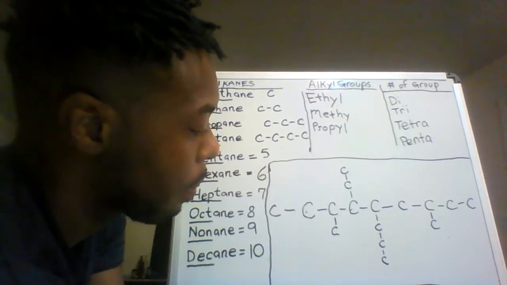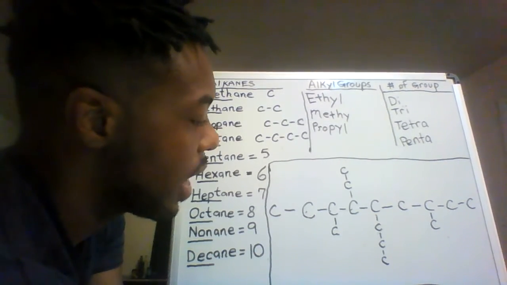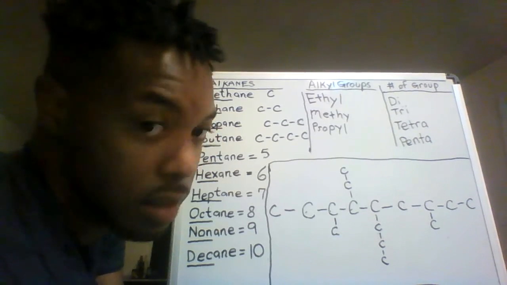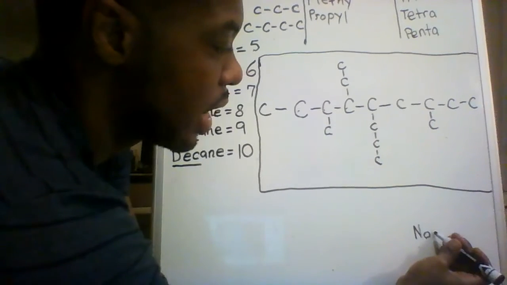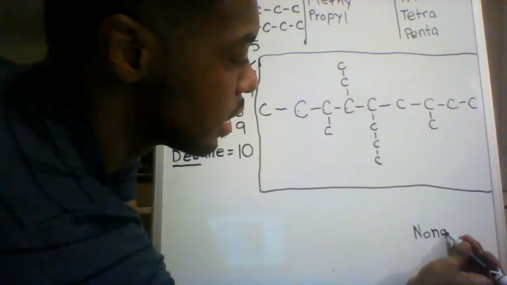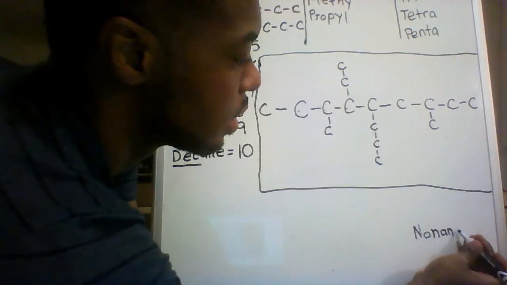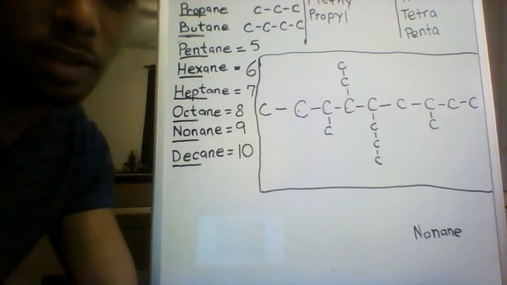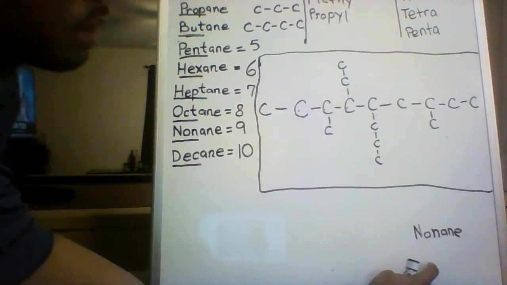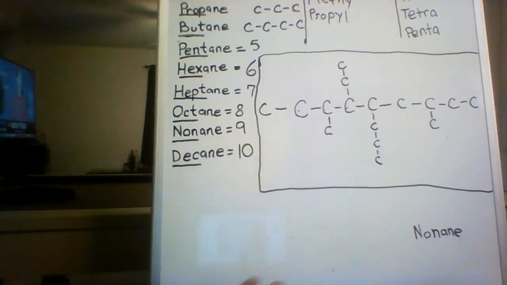So I can write nonane right here because my longest chain is 9. And that's going to be the last word in the name, because the first thing that you figure out, go figure, is the last word that's going to be in the name of it.